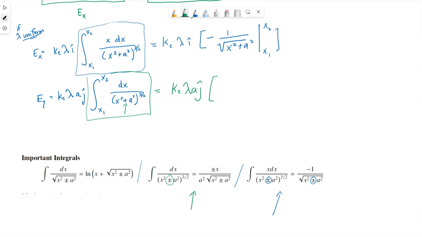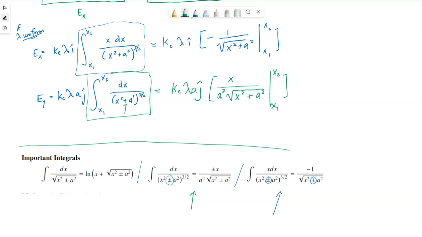So we will have plus x in the numerator. You can write the plus if you want. I don't typically do that. Square root of the quantity of x squared plus a squared. And this will need to be evaluated between points x1 and x2 in order to then have the final answer.